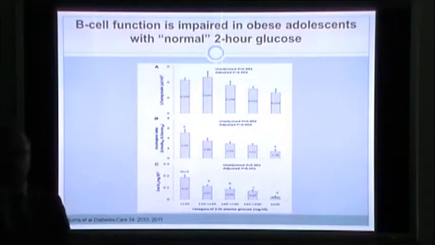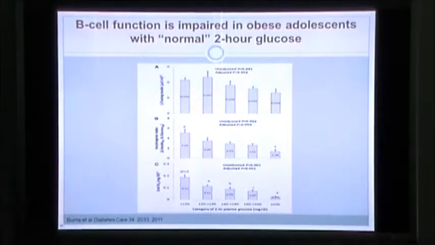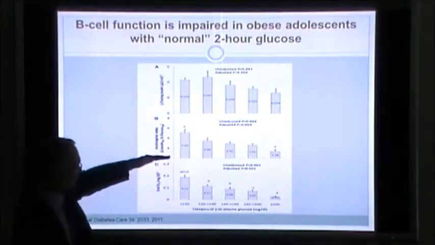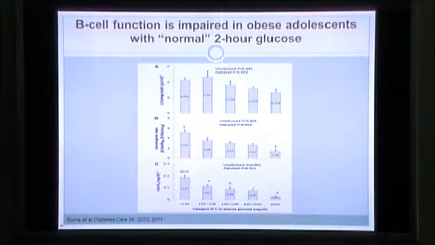So how well are you compensating? As the disposition index decreases, you are compensating less well for the degree of sensitivity. And you see a progressive decrease in that compensation. So in these ways, type 2 diabetes in kids is exactly like type 2 diabetes in adults.